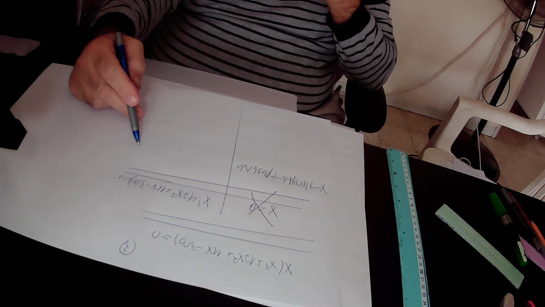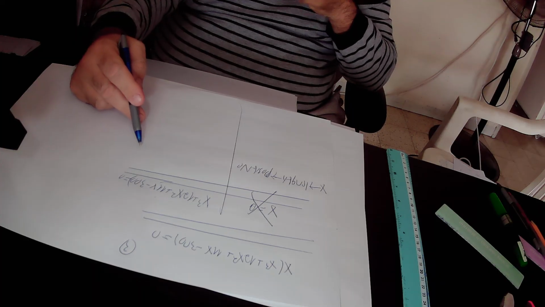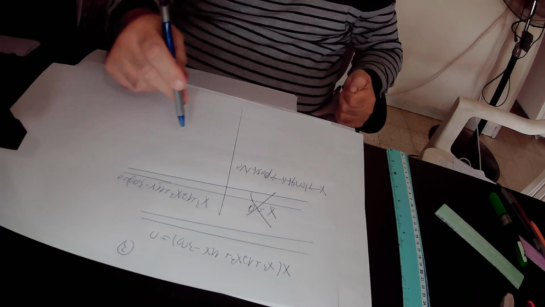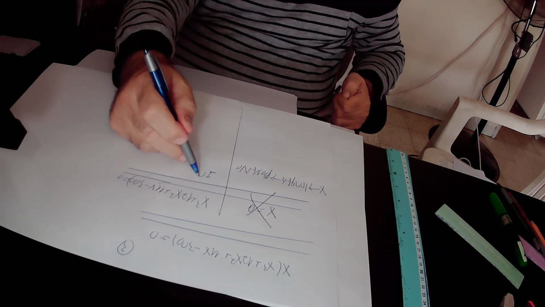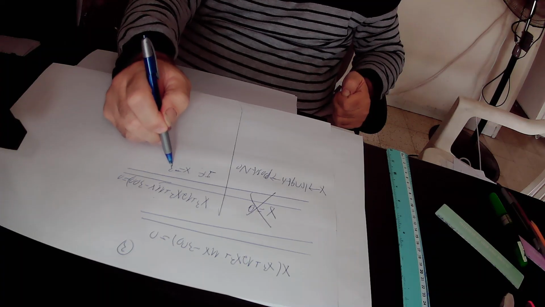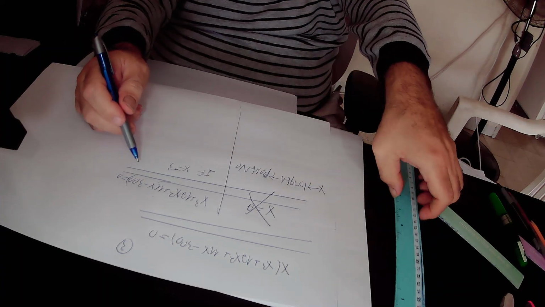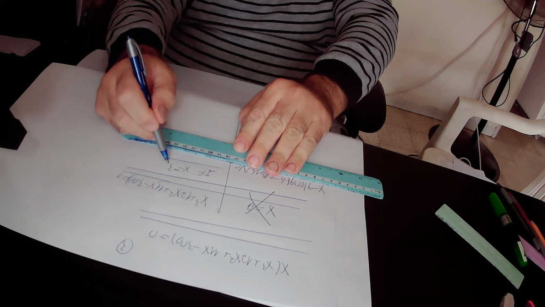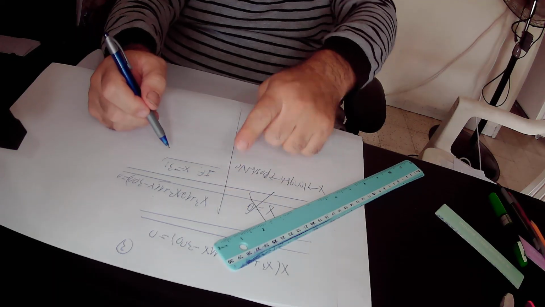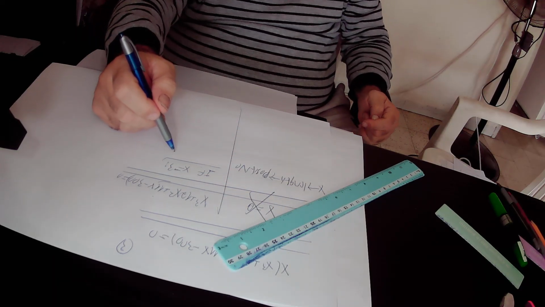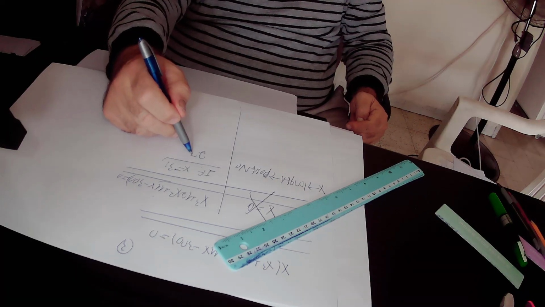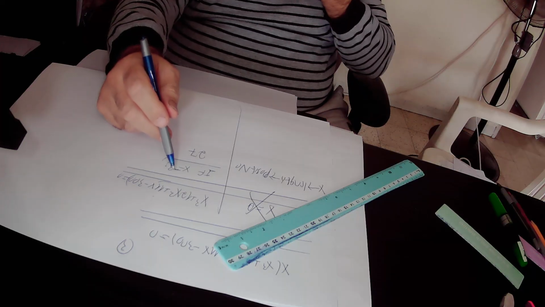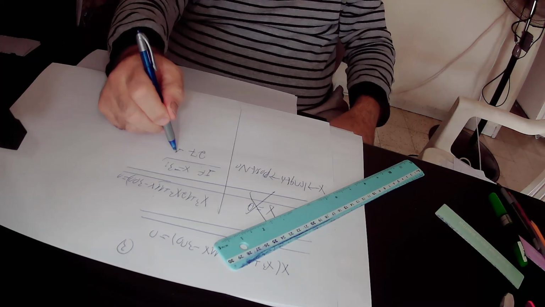So, first of all, we check if x equals 3 solves this equation. So if x equals 3, then the value of this expression in total will be equal to, we just substitute x by 3, and we get that x cubed equals 3 cubed. 3 cubed is 3 times 3 times 3, that is 27, plus 12x squared. x is 3, therefore x squared is 3 squared, that is 9. 9 times 12 is 108.